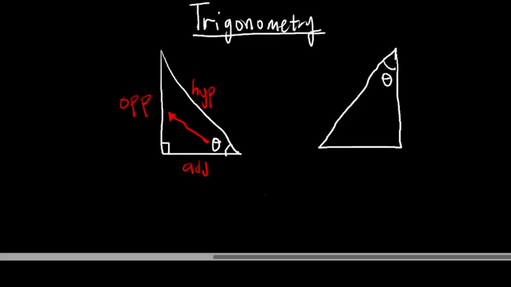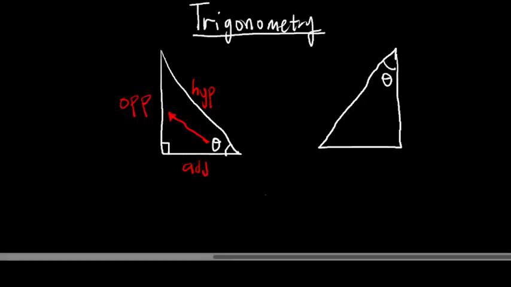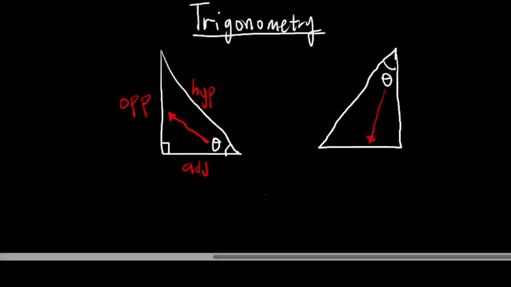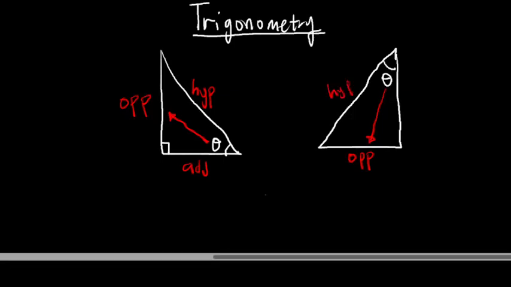Now I want you to fill these sides. Which of them is the opposite, which is the adjacent, and which is the hypotenuse. Where my angle is facing is called opposite, and the longest side here is called hypotenuse, while the last one is called adjacent.